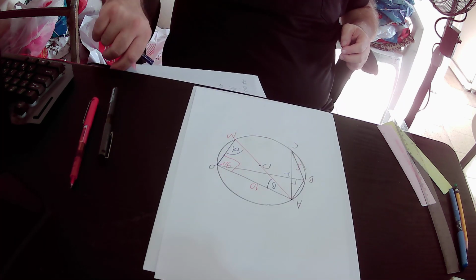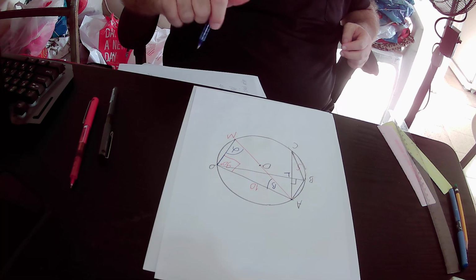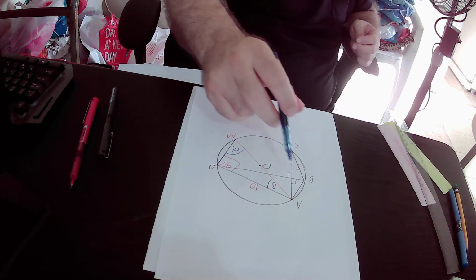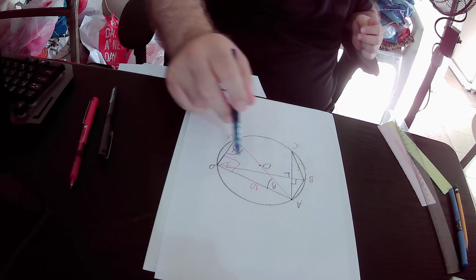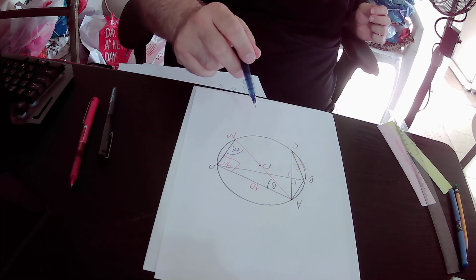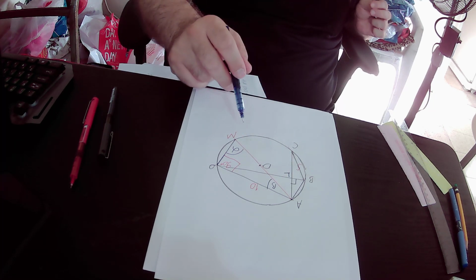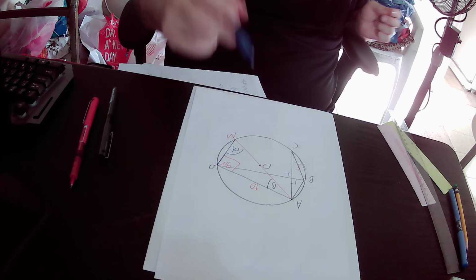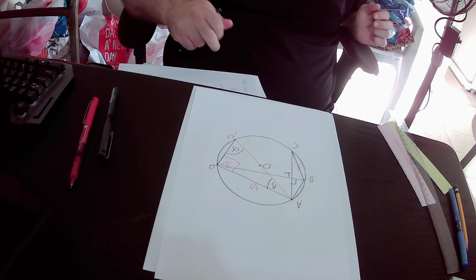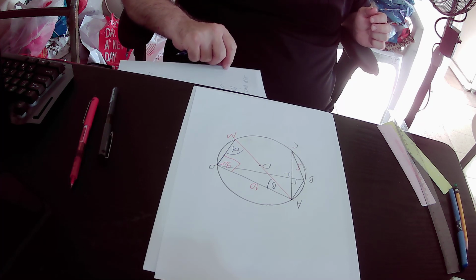As you can see from the drawing, we have angle alpha that rests on chord AD, and angle ABD also rests on the same chord AD. So according to rule number 2, they are equal to each other. That is to say angle ABD equals to alpha. That's all.